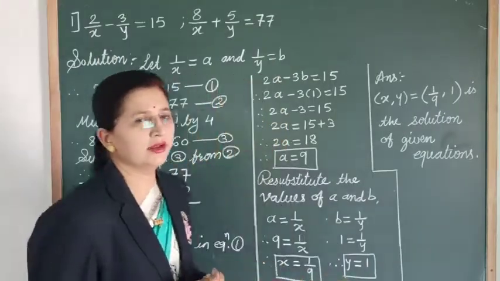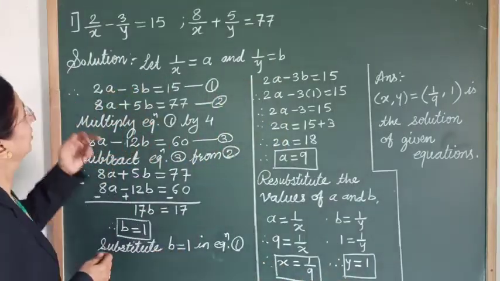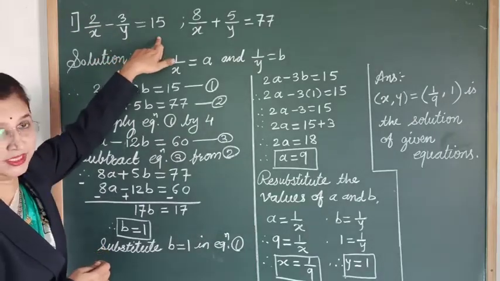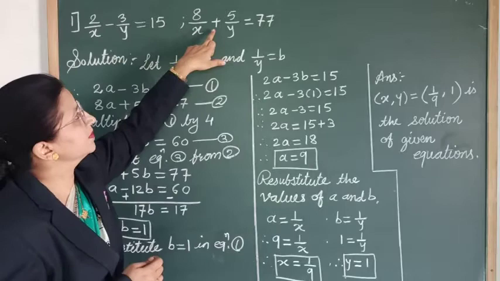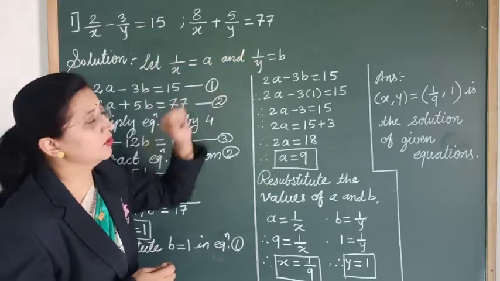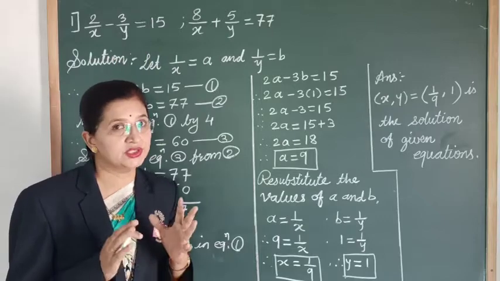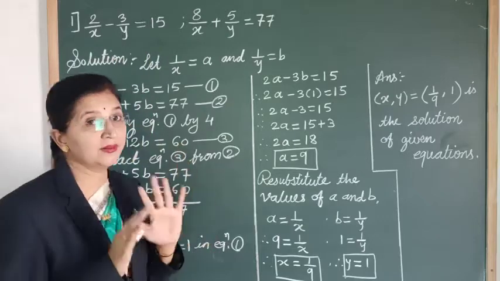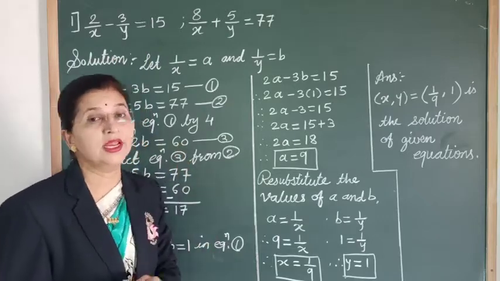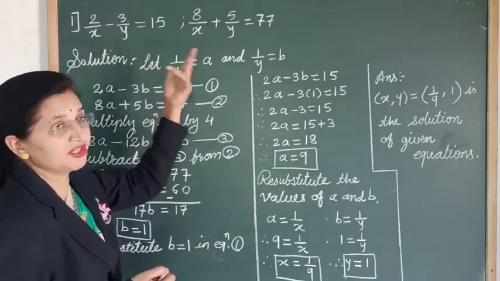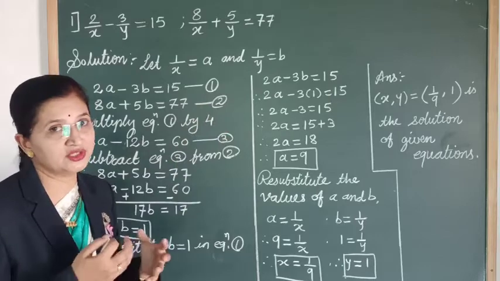Dear students, here we have the equations 2 upon x minus 3 upon y is equal to 15 and 8 upon x plus 5 upon y is equal to 77. These are not linear equations in two variables. Two variables are there, but these are not in linear form. So by proper substitution we can convert these equations into linear equations in two variables.